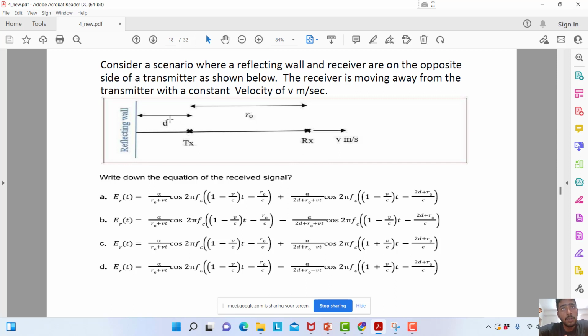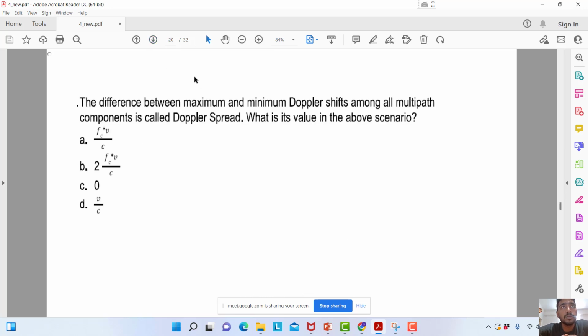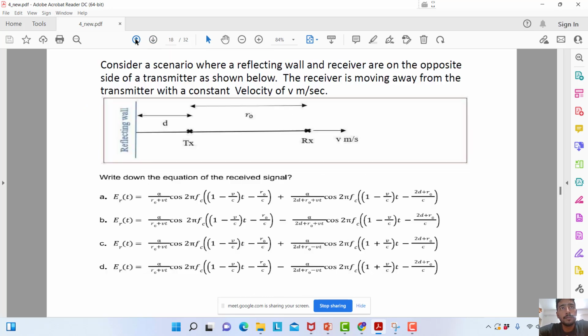Okay, from the figure we get two terms. The equation is the summation of two terms, the direct term and the reflected term. Firstly we write the equation for the direct term. The receiver is at an r0 distance and moving with velocity v.